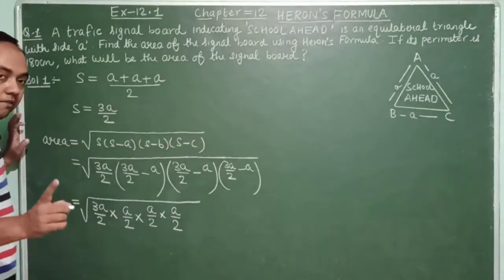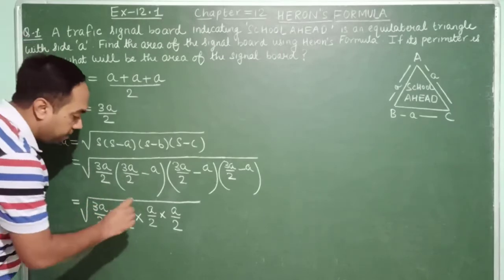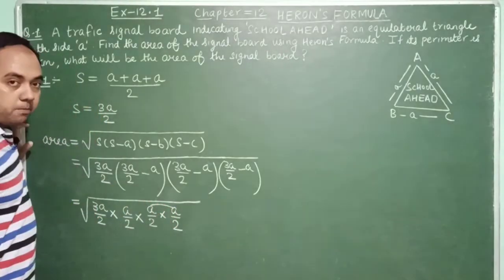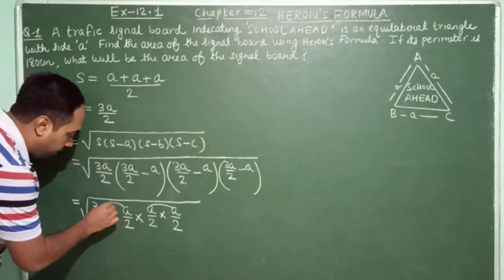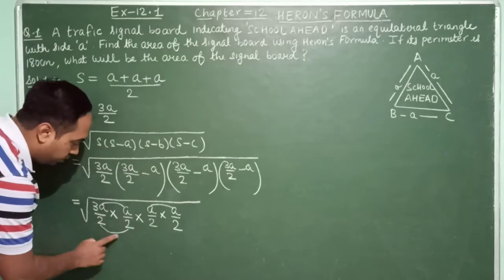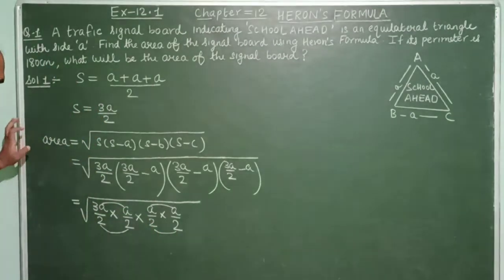Now you know very well that inside square root we make pairs, right? See how pairs are made here: these two A will make a pair, again these two A will make a pair, these two will make a pair, and these two 2s will also make a pair.